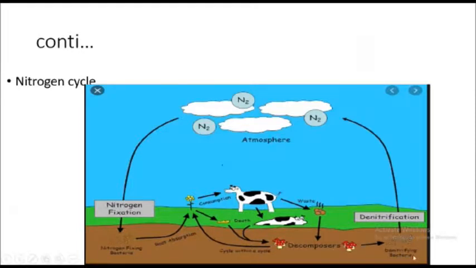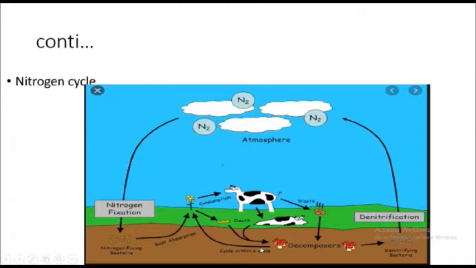And then the nitrifying bacteria will meet all these decomposed substances, and this nitrifying bacteria will release nitrogen out of the soil, sending the nitrogen into the atmosphere again, as this arrow follows. So it will come into the atmosphere, and the cycle will start like the previous one.